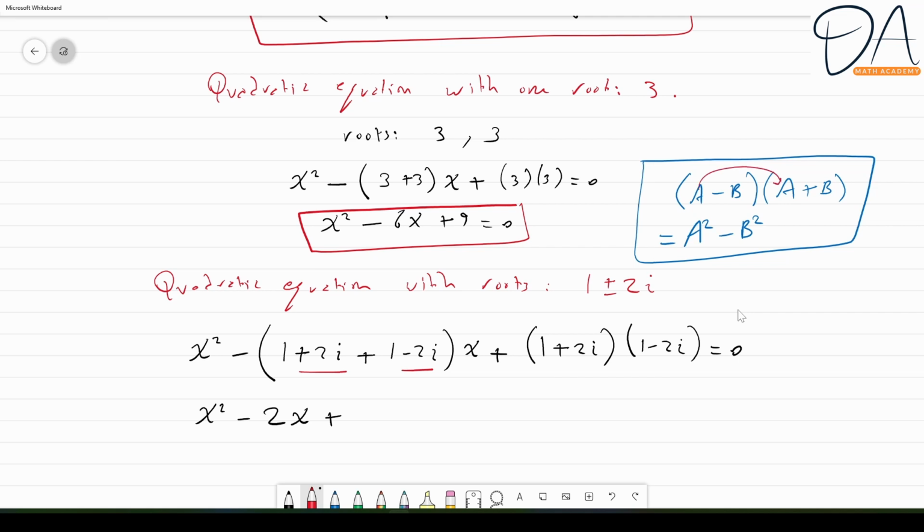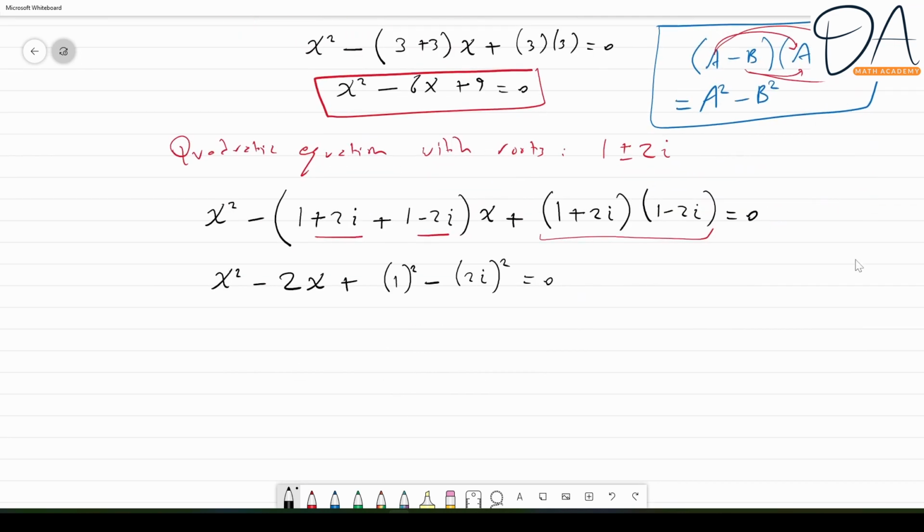So a times a, then a times b minus b times a, and then you will see that the middle terms cancel and you are left with this. So then let's use this shortcut to multiply these two terms. The a in this case is 1, so you'll get 1 squared minus the b, in this case 2i, so you will have 2i squared equals to 0.